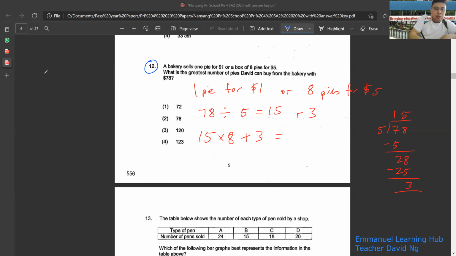Okay, 15 times 8, because 8 pies for 1 box, right? Okay, 123. Understand why 123? Yes. Okay, that's question 12.